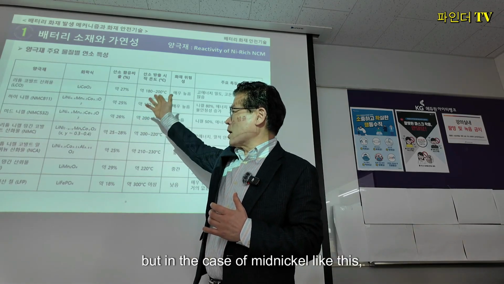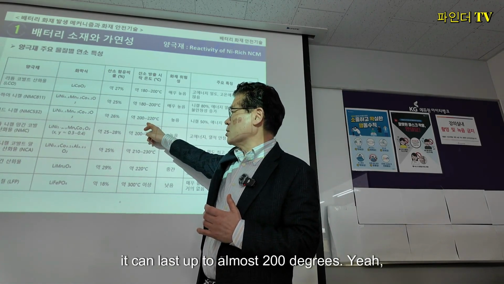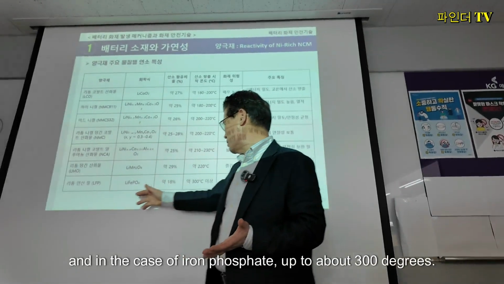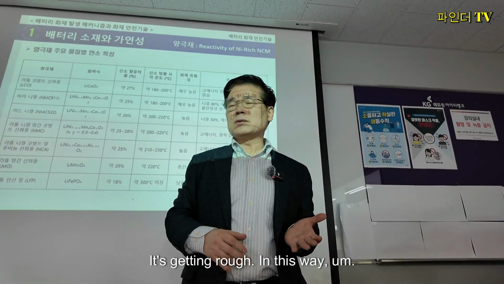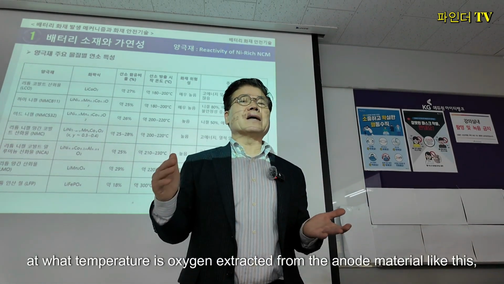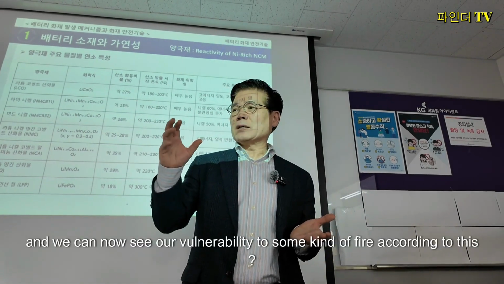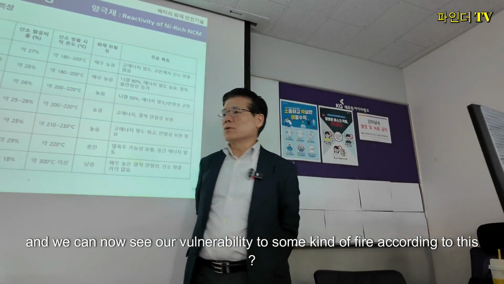But in the case of mid-nickel, it can last up to almost 200 degrees. And in the case of iron phosphate, up to about 300 degrees. In this way, we see at what temperature oxygen is extracted from the cathode material, and we can see our vulnerability to fire according to this.